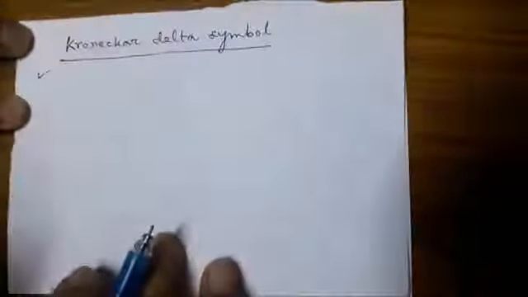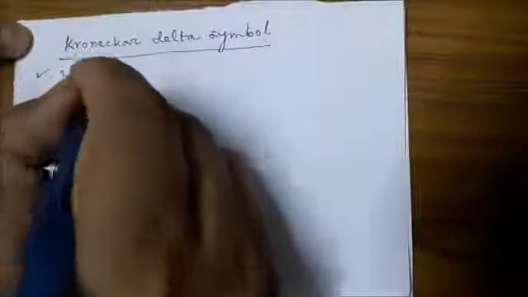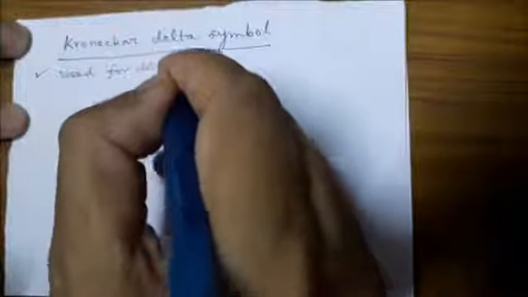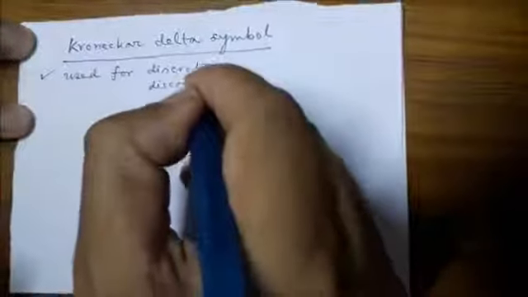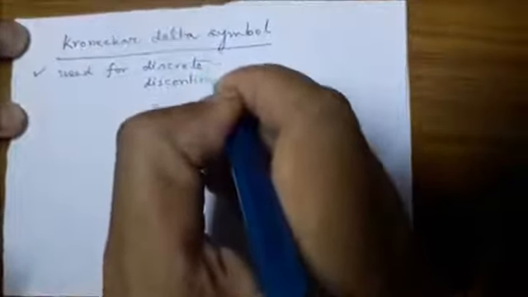The first point is Kronecker delta symbol is used for discrete or discontinuous variable.